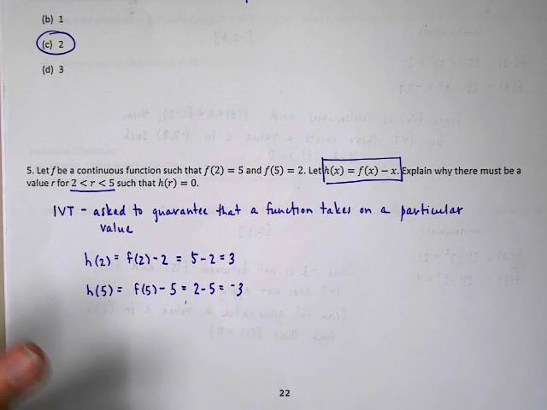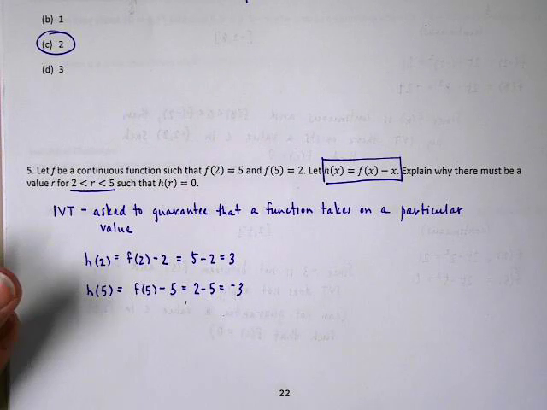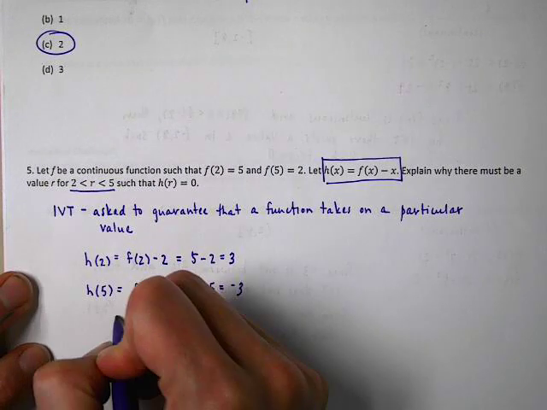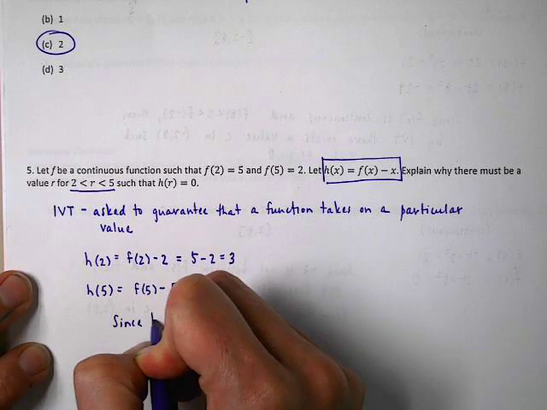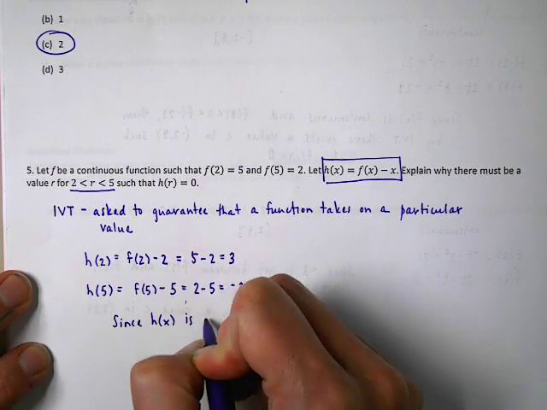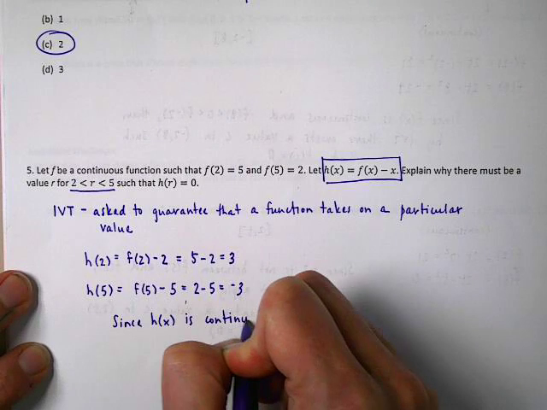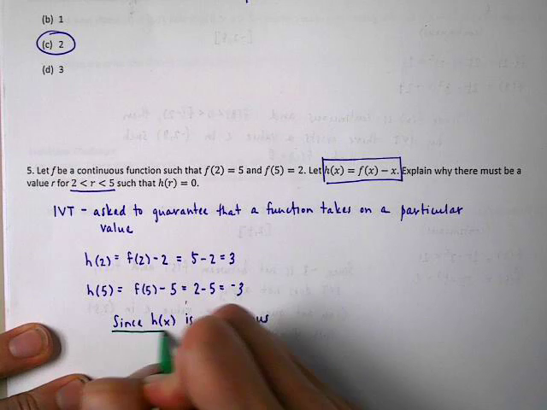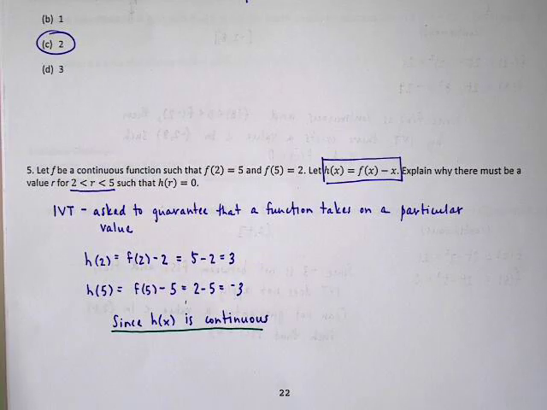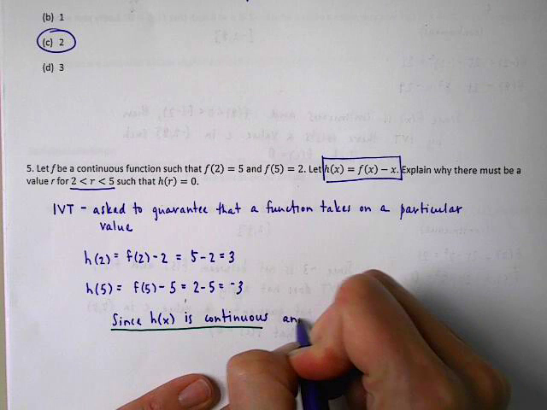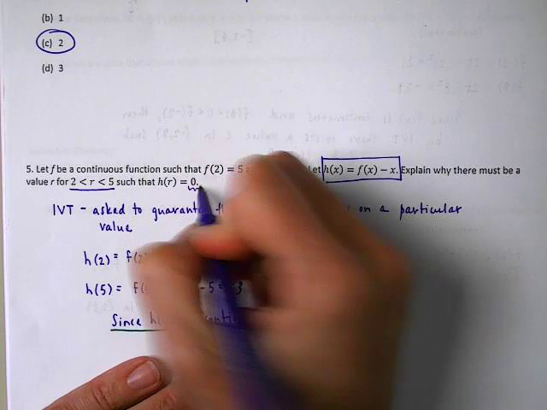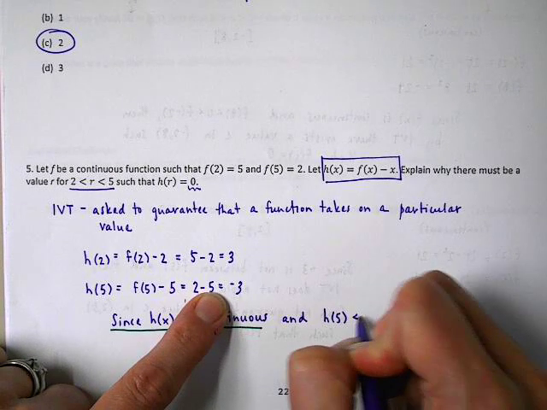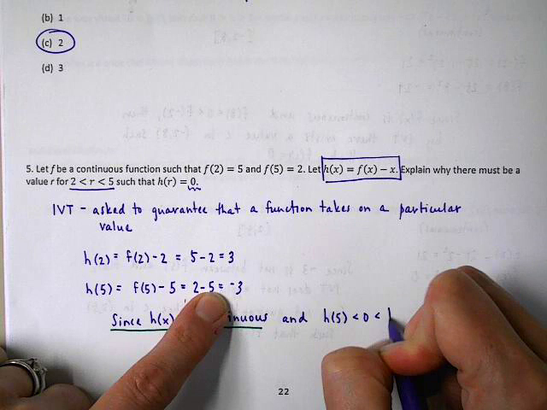So again, when we're writing our justification here, or explanation, we first have to state the conditions. So we would say, since h of x is continuous, that's our first piece. So maybe I'll underline the pieces. The first statement is that the function's continuous. Then we have to say, and this value is in between our function values here. So h of 5 is less than 0, which is less than h of 2.